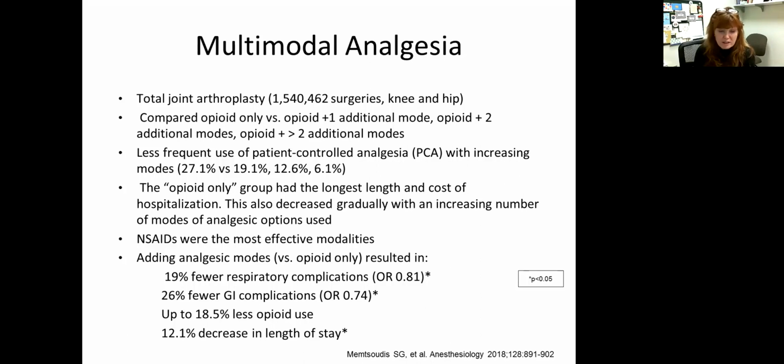And they found that the opioid only group did have a longer stay, and it was a more costly stay than when other modalities were added. And so for each modality, there was a decrease in respiratory complications, a decrease in GI complications, and there was also a decrease in length of stay.